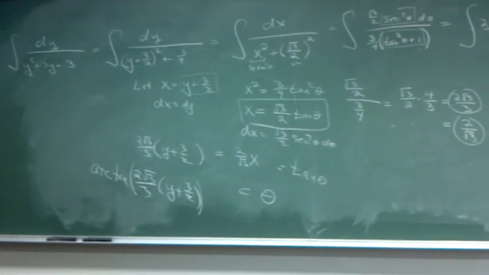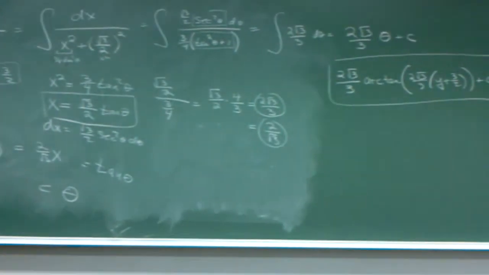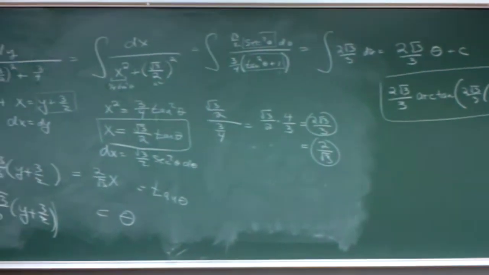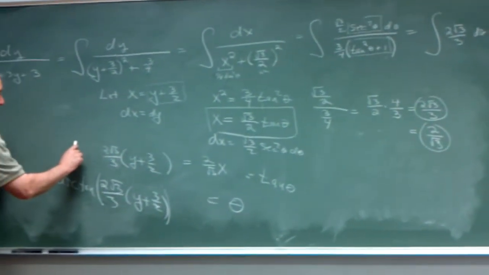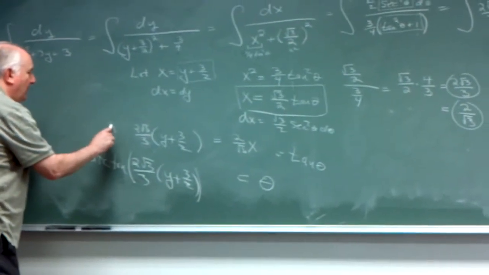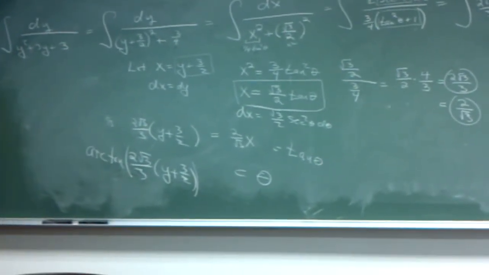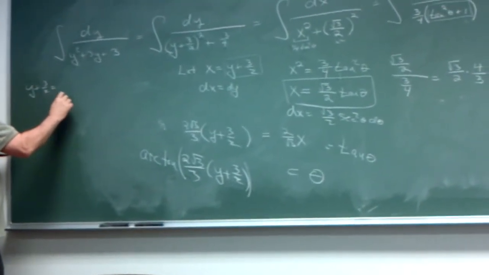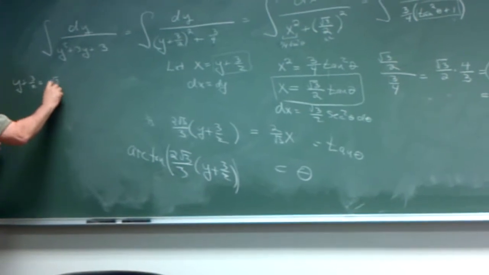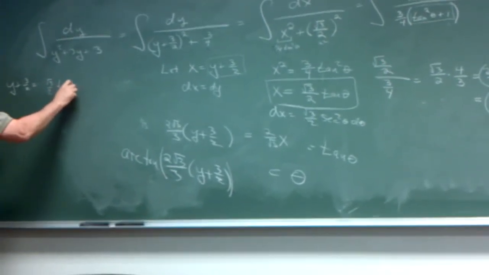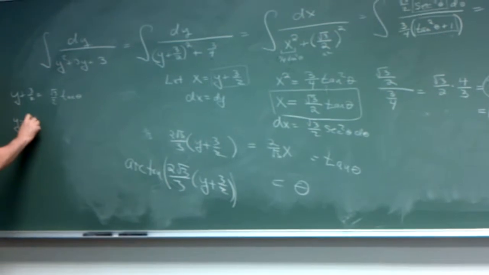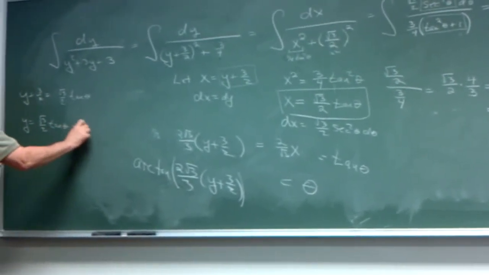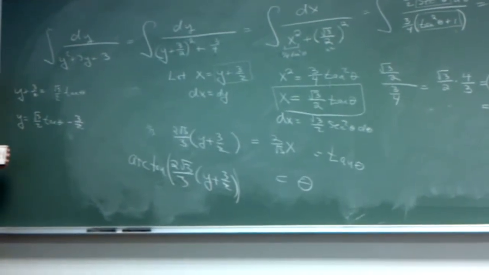So they're saying y equals, right, so it really should be, again, viewing this as 2 over root 3, y plus 3 halves is tan of theta, or y equals root 3 over 2 tan of theta minus 3 halves. So they had this answer without the root 3 over 2? Right. They were wrong.